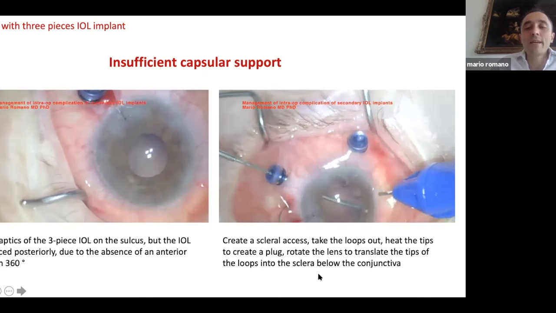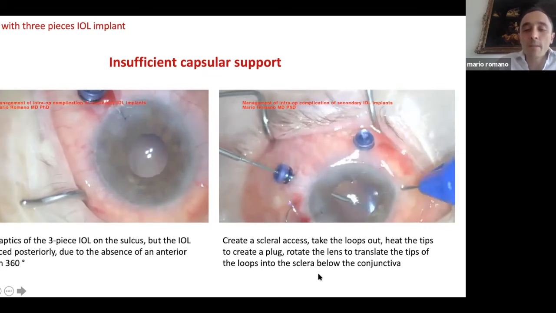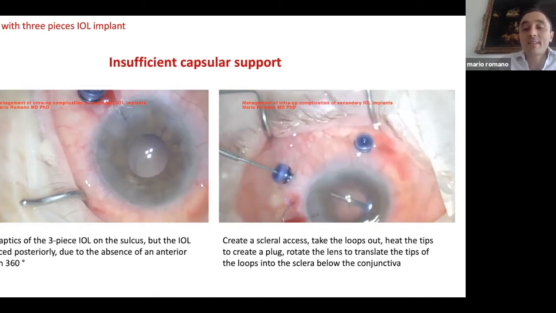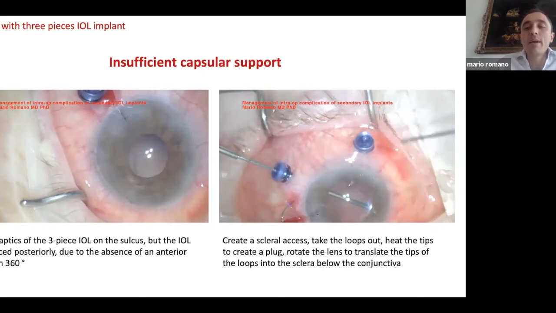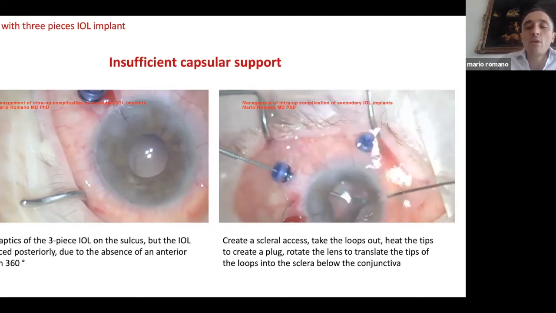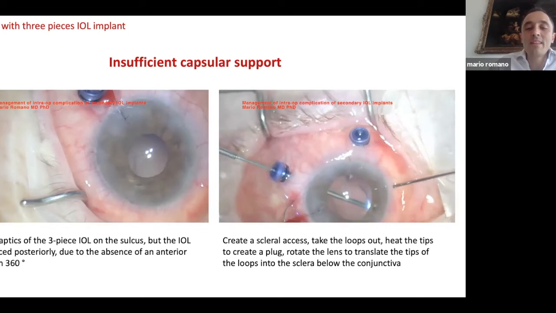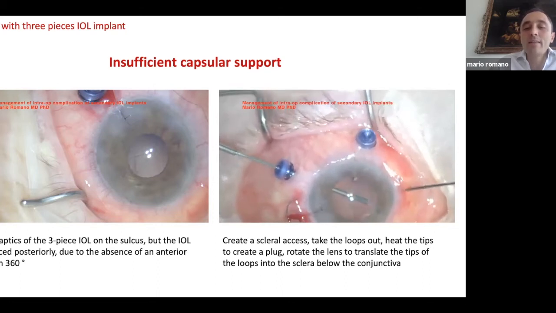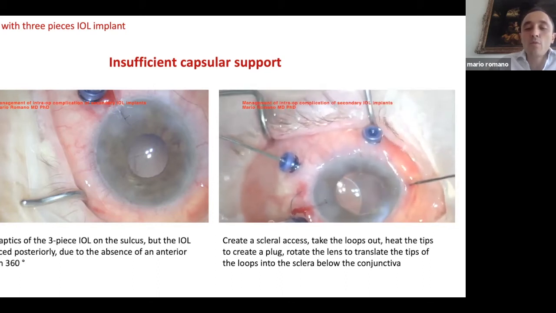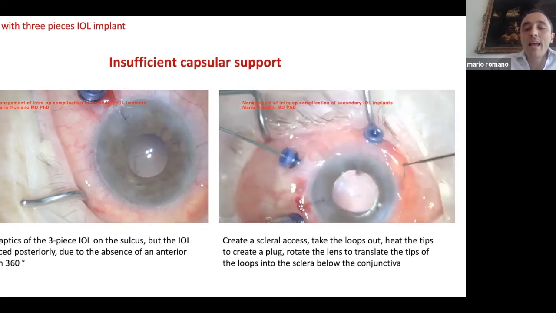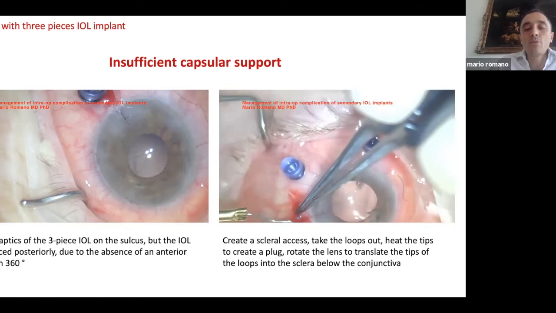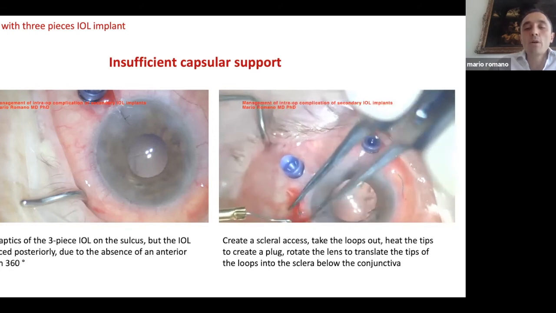And regarding the intrascleral implant, in the same case, what we did was a scleral access. We took the loops out, we made tips, created a plug at the tip of the loops, and we were rotating the lens in order to translate the tips of the loops into the sclera below the flap.